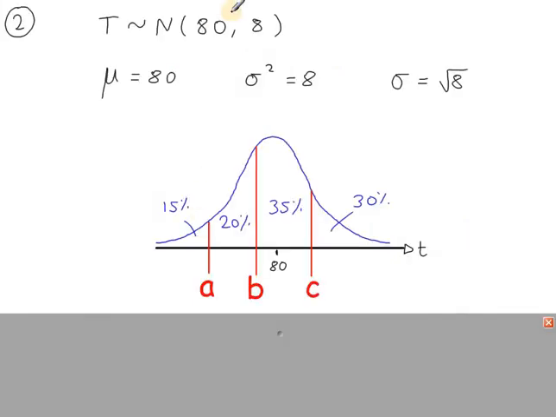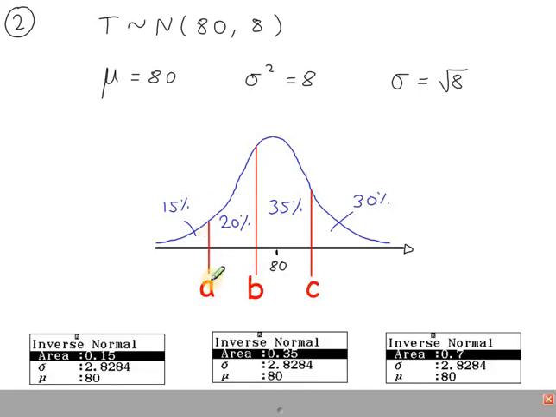Example 2. So our normal distribution has a mean 80, variance 8, and standard deviation root 8. We have to work out the values of A, B, and C. So to work out A, the cumulative probability to the left of A is 15%, so we use 0.15.